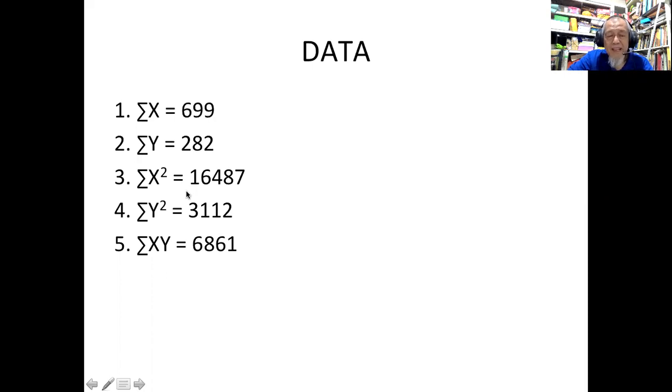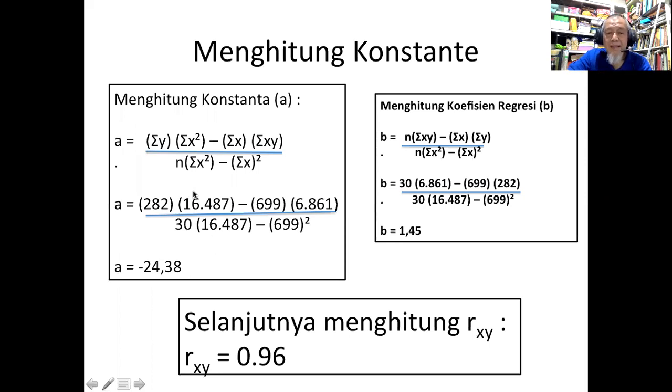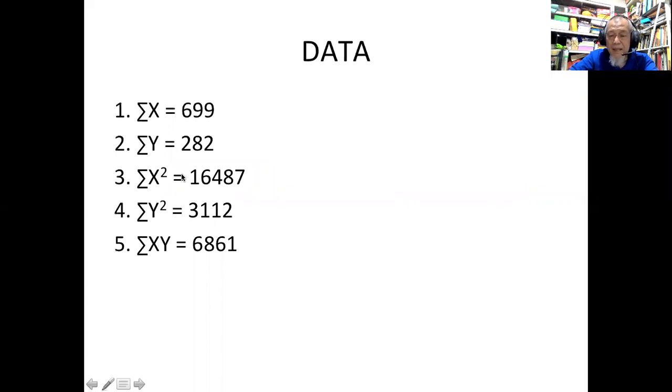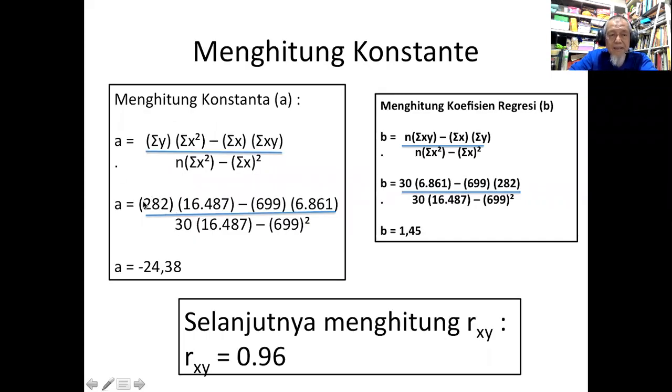By having this data, we can now use the formula. To find the constant, you use this formula. We have the sum of Y, the sum of X squared, and also the data on the sum of X and the sum of XY. So we can just put in the scores that we have already calculated in our worksheet. And then we'll have this: the sum of Y is 282, and the sum of X squared is 1348.7.